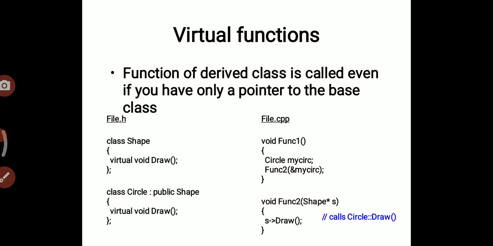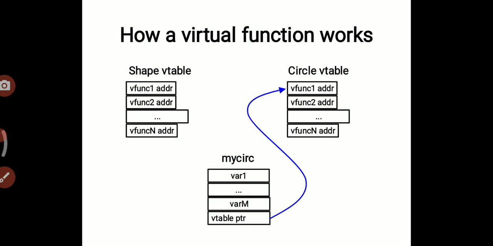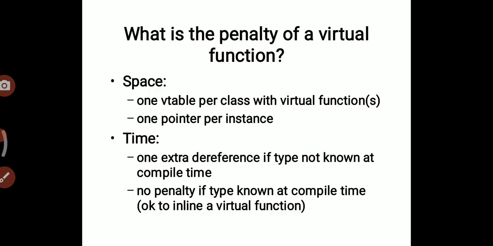Next, virtual function. The function of the derived class is called even if you have only a pointer to the base class. How does a virtual function work? What is the mentality of a virtual function?